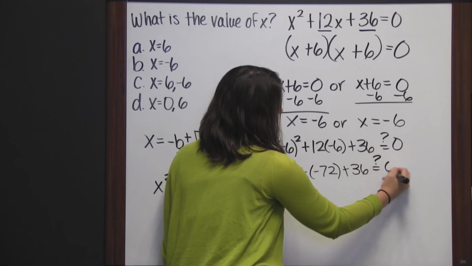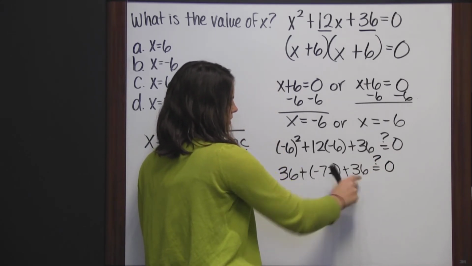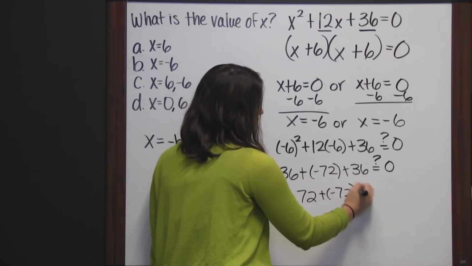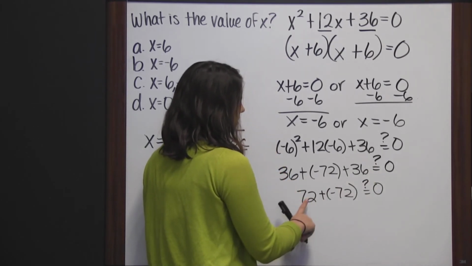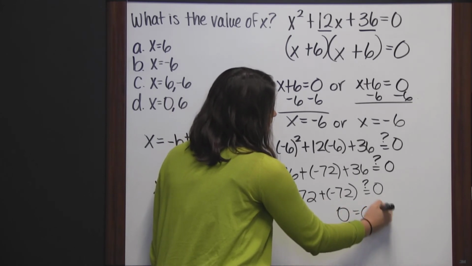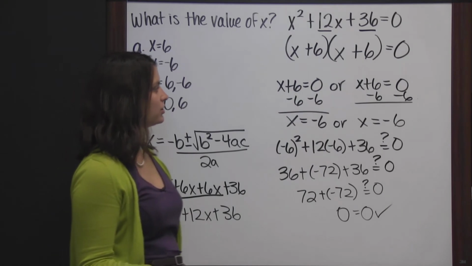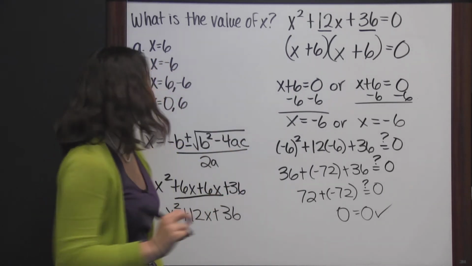And again, I want to know if that equals 0. 36 and 36 is 72, plus negative 72. And I need to know if that equals 0. 72 plus a negative 72 is in fact 0. 0 does equal 0. So we can see that we solved our equation correctly. We found the value of x, negative 6.